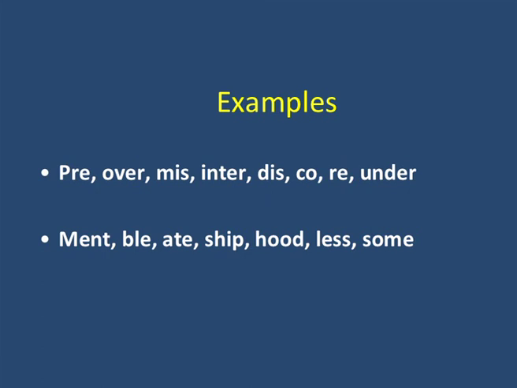Then over means extra, overtime is there. Then misconduct, misfortune, intercollegiate. Dis means what? Not. Disqualify means not qualify. Co means coexist. So, we are adding co in front of exist, as a result of which it becomes coexist.